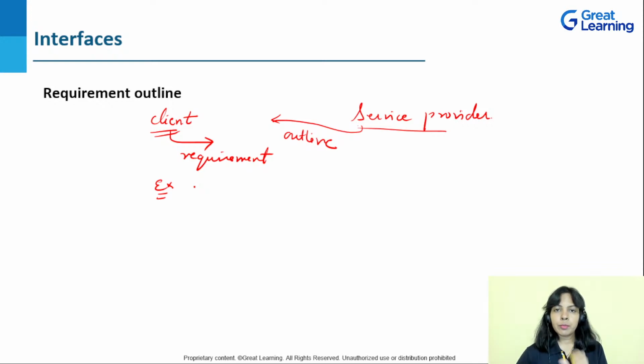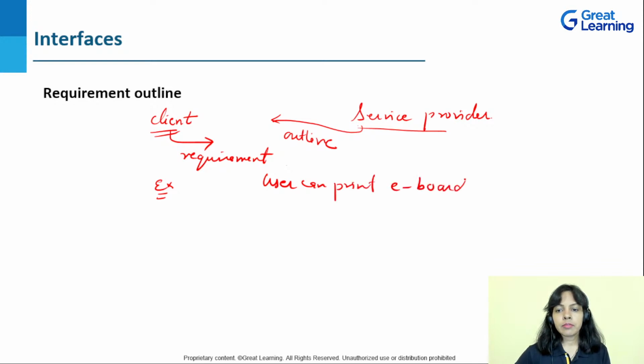Suppose that machine has to be created, and before that, the client went to the service provider saying this is my requirement: I want a machine where the user can print an e-boarding pass.